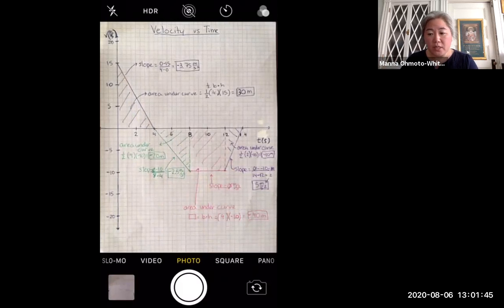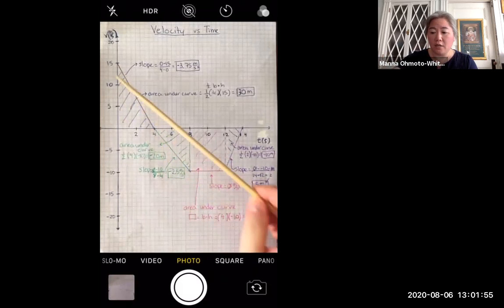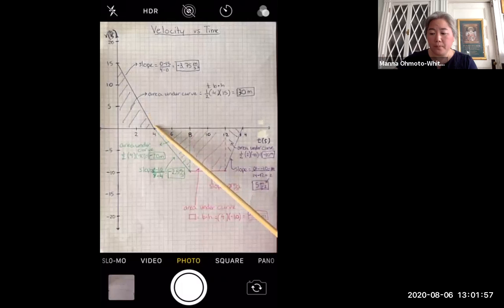Another thing to remember is that if my slope is going toward the x-axis, my object is slowing down. So my object is slowing down in two places: in the first part of the journey and in the last part of the journey, because they're both going toward the x-axis. Remember, the x-axis is 0 meters per second.